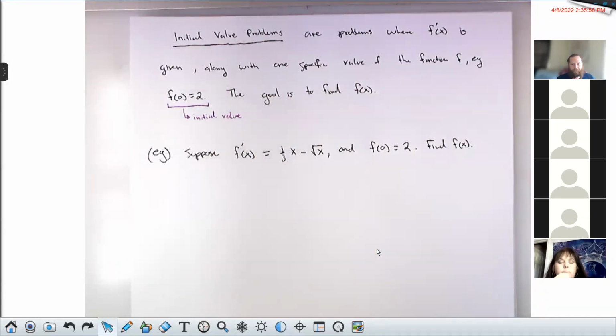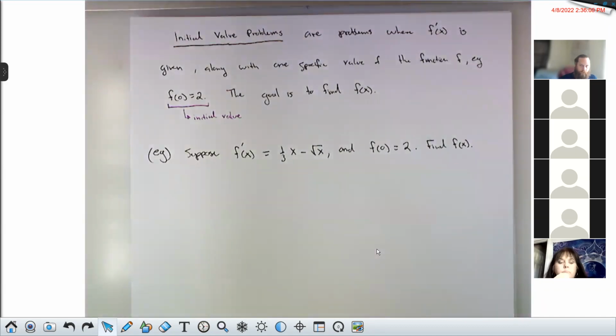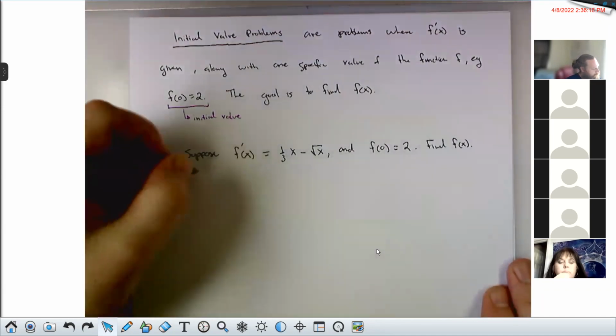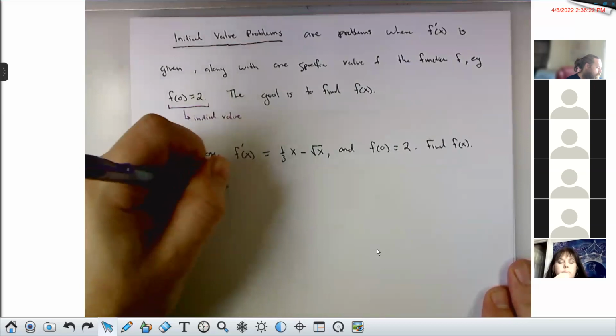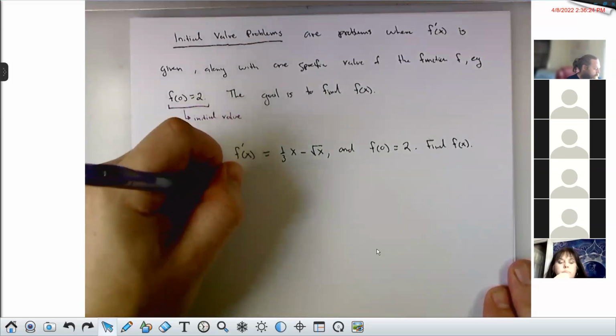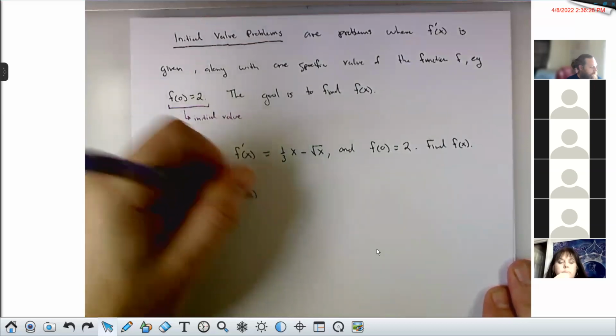Okay. I'll show you how to solve it, and then I'll show you a way to think about it that I find very useful. And certainly if you go on to take MAP2311 or any other course in differential equations, you will need to learn how to think of them in this way. F of x, we know, should be the integral or antiderivative of f prime of x.